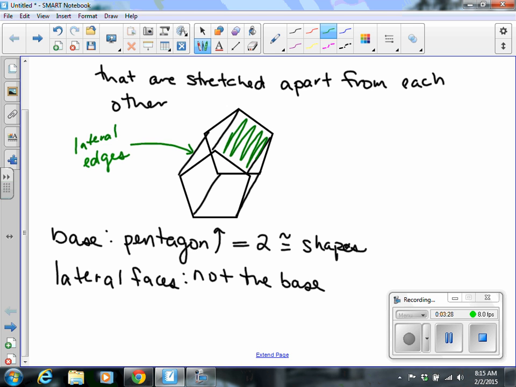Just draw this shape here. So again, the lateral face is the face between our two base shapes. In our case, it's a rectangle. And a lateral edge is an edge connecting our two bases.